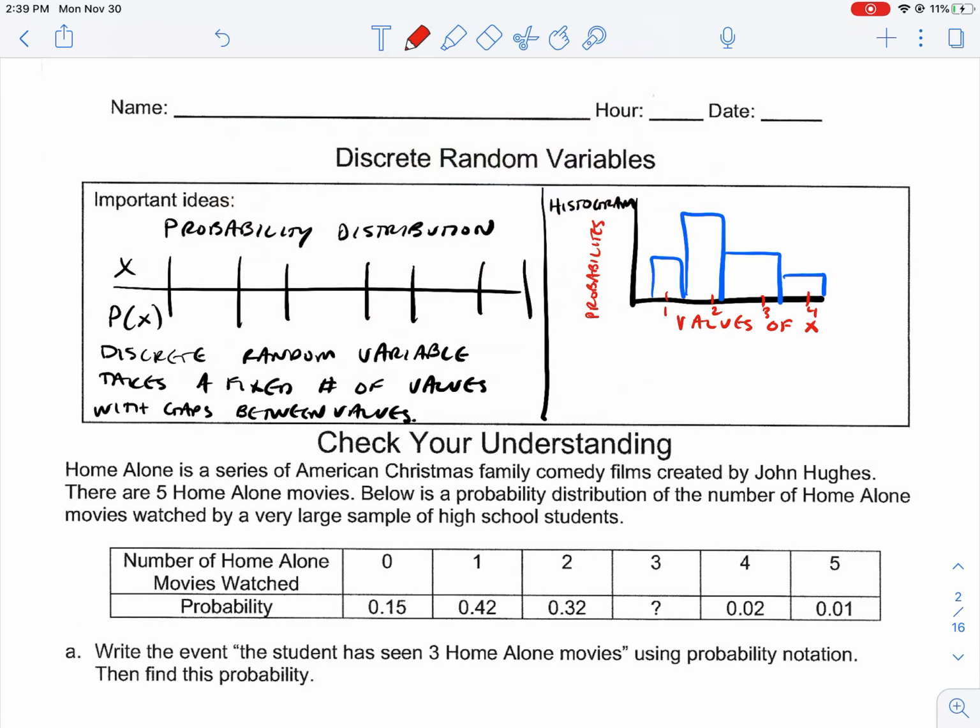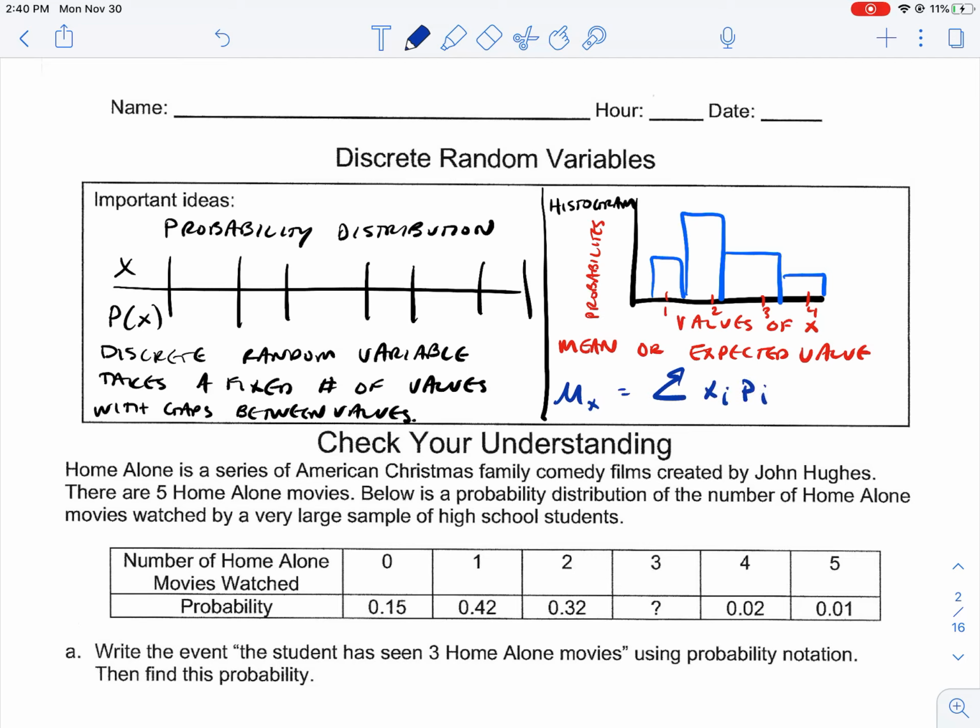The other thing that we're looking at is this concept of what's called a mean, or our expected value. The formula for our expected value looks like this. Mu of X, so the mean of X, is equal to the sum of all of our X values times their probability.